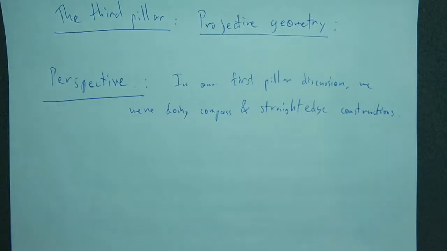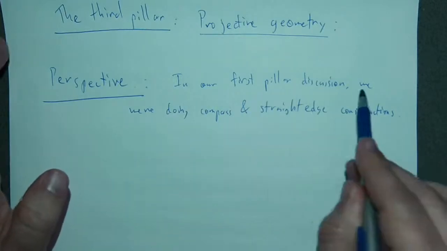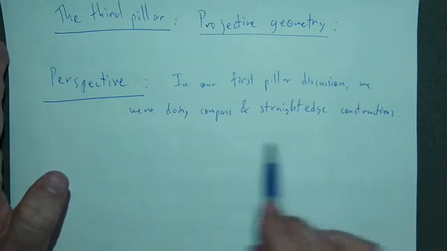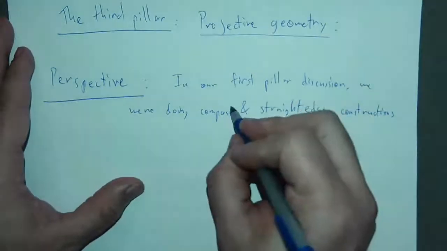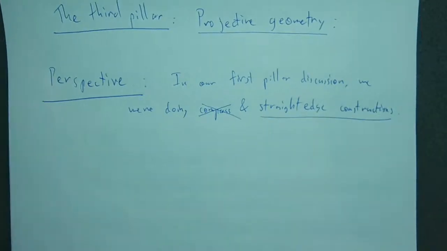If I take that list of axioms and scale it back to make it very minimal, I want to see what happens. One way of thinking about that is, what happens if I get rid of the compass, and instead of doing compass and straight edge constructions, I just do straight edge constructions.